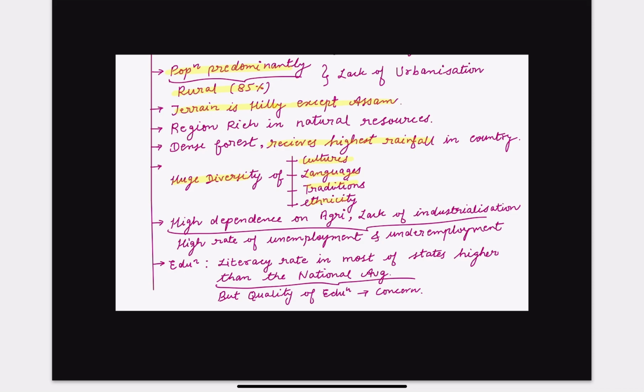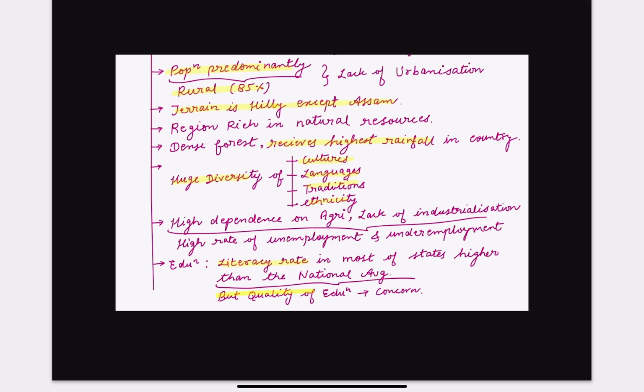And there is lack of industrialization because mass settlements have not been possible there, and the terrain also doesn't support industrialization. So there is a high rate of unemployment because there is huge dependence on agriculture. And if we talk about the literacy rate, then in most of the states it is very good compared to the national average.